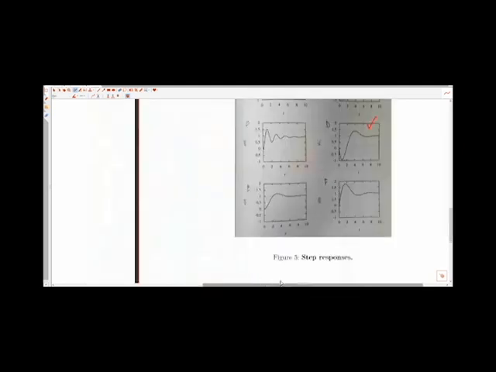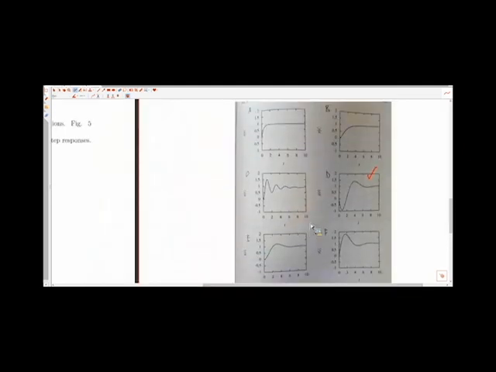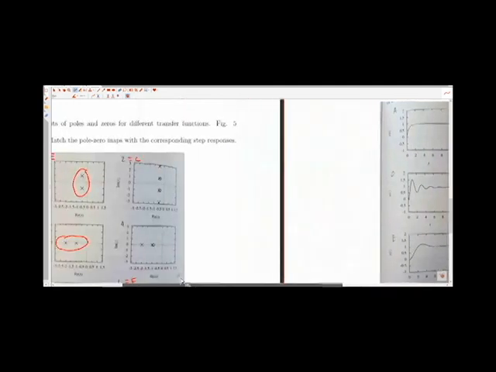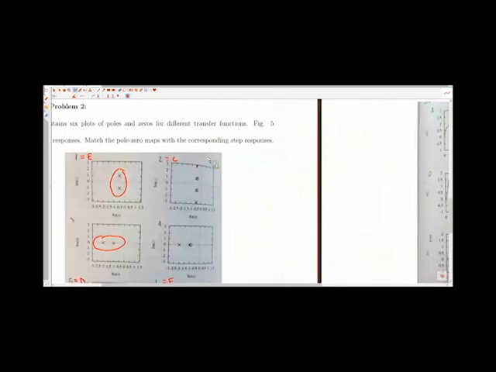So we have one that responds quickly, a fast pole, and one that takes a little bit longer. So the fast one is going to be equal to A, and then the slow one is going to be equal to B.